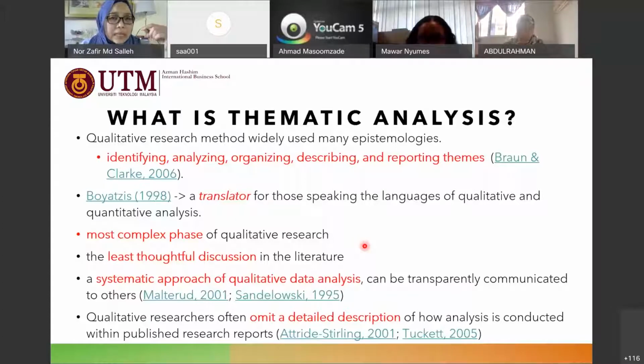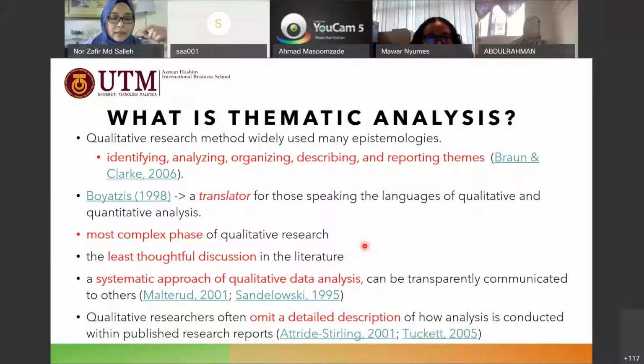Some people say that it is because of the lengthy explanation on how to do qualitative analysis. Another reason is probably that the researcher did not take a systematic approach to the qualitative data analysis, so they just briefly explain what they do without going into detail in the paper.